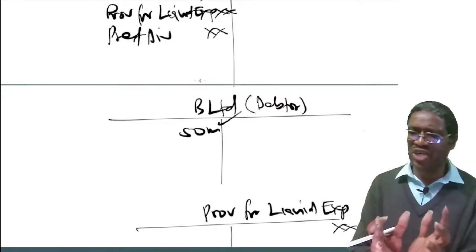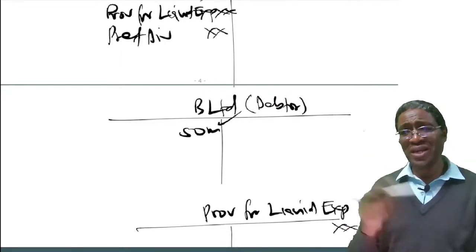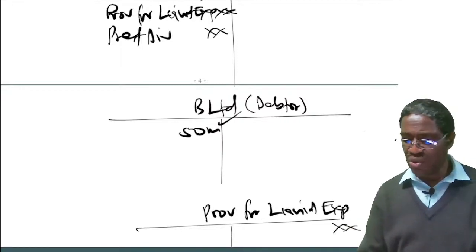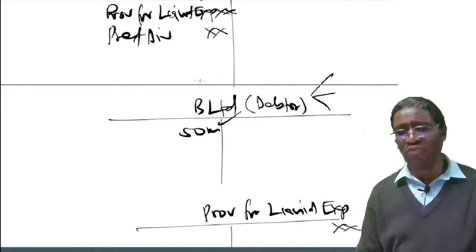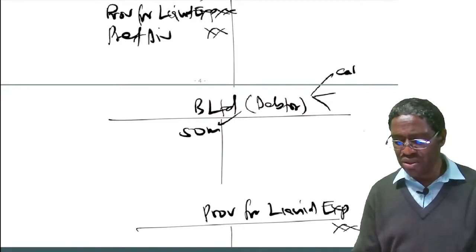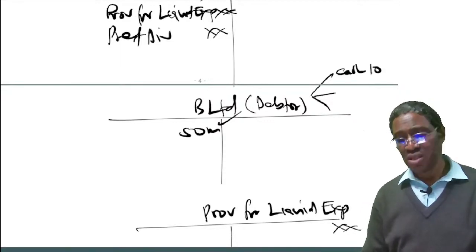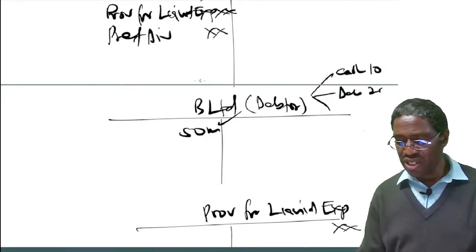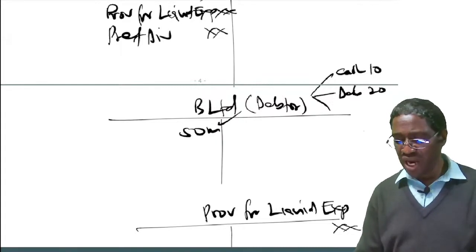It is the question that will guide you. But for now, assume the question tells you that out of 50 million, 10 million was paid in cash, 20 million in debentures and another 20 million in shares.